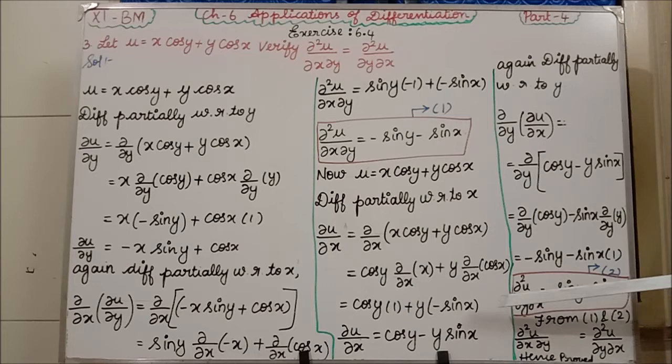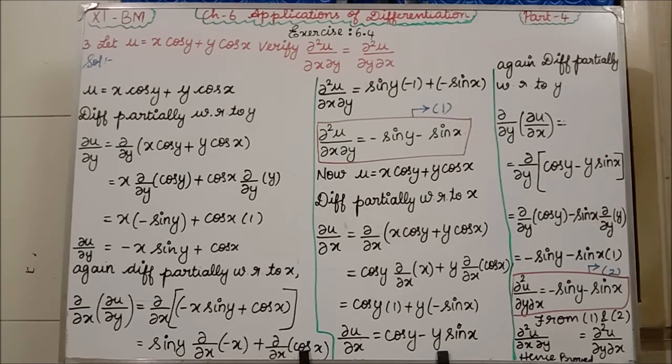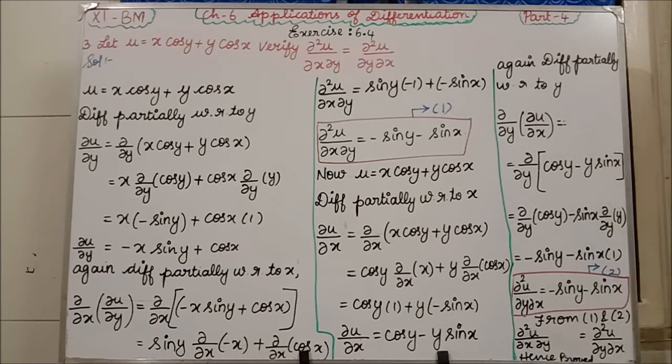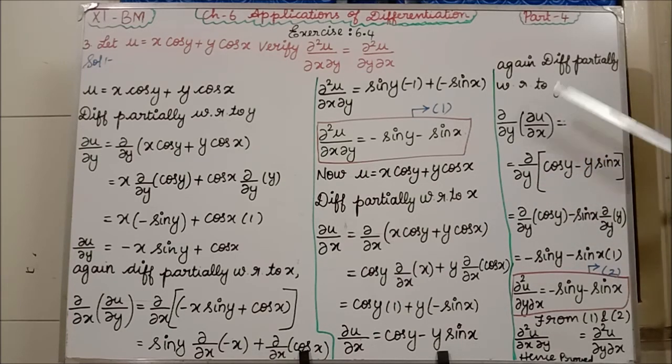Next, this ∂u/∂x value you have to differentiate again with respect to y. Clear? So again differentiating partially with respect to y. So ∂/∂y of ∂u/∂x is equal to ∂/∂y of (cos y − y sin x).